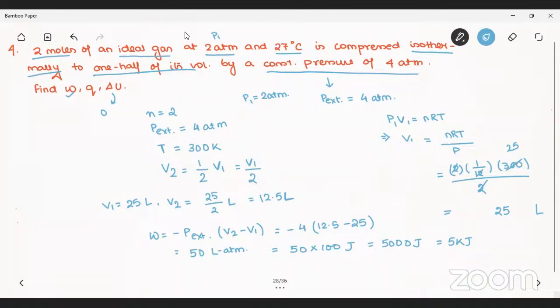Now, according to the first law of thermodynamics, delta U is equal to Q plus W. Delta U is 0. Q we need to calculate. W is 5 kilojoule. So Q is minus 5 kilojoule. So, is the whole sum clear? Check and then answer.